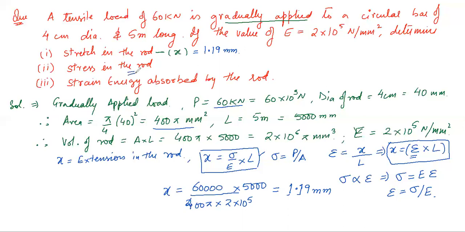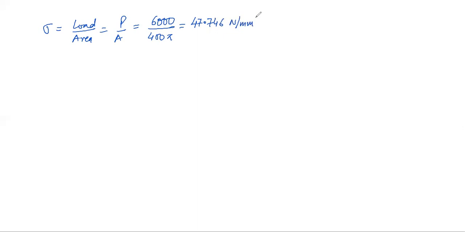In continuation, in the next slide, we can say that sigma, the stress in a rod, is defined as load upon area, which is also P by A. The value of P is 60,000 by 400 pi, which is 47.746 Newton per mm square.